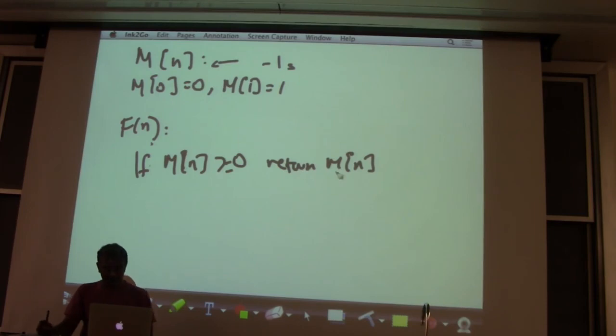Else, call the recursion. So then f(n), set m[n] equal to f(n-1) plus f(n-2).